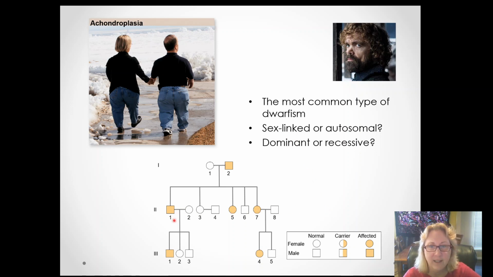But in this little pedigree here, it's pretty equally male and female, so that tells us as well that this is an autosomal trait. And I have Peter Dinklage up here because he's probably the most famous person in the world today with achondroplasia.